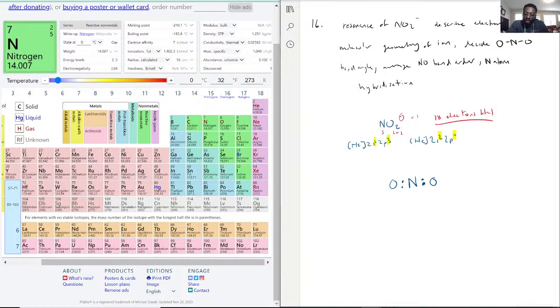Oxygen has, if we did that, it's sharing 1 right now, so 2, 3, 4, 5, 6. Same thing, 2, 3, 4, 5, 6. And nitrogen is sharing 2 so far, so it'll be 3, 4, 5.